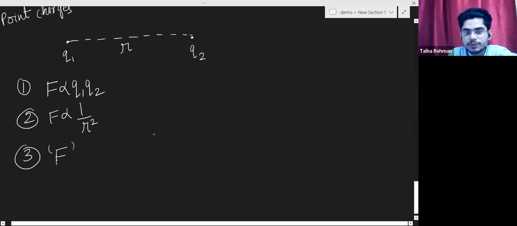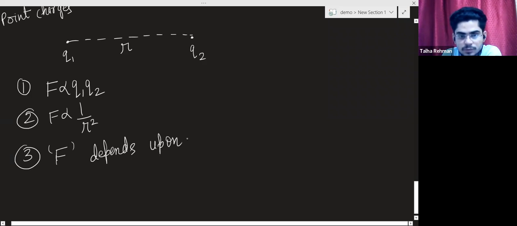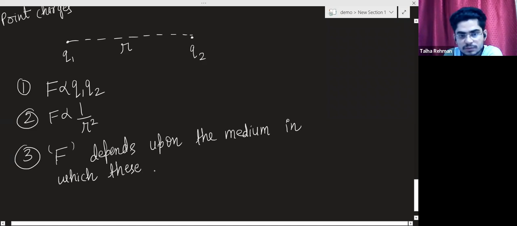And also, this force F, the force between two charges, depends upon the medium in which these two charges are separated.